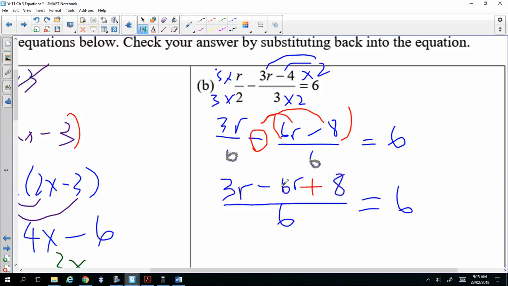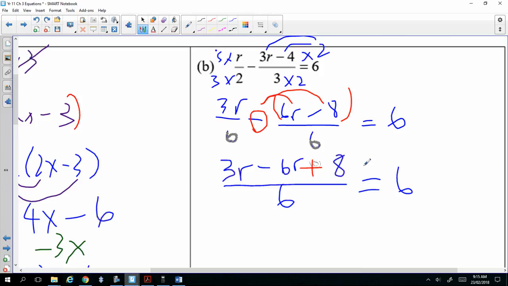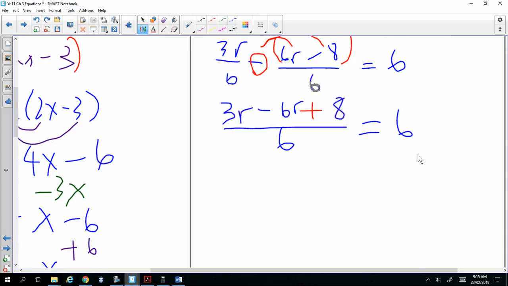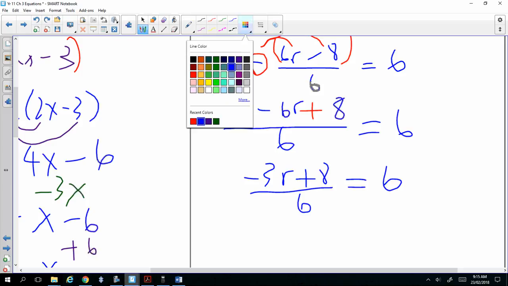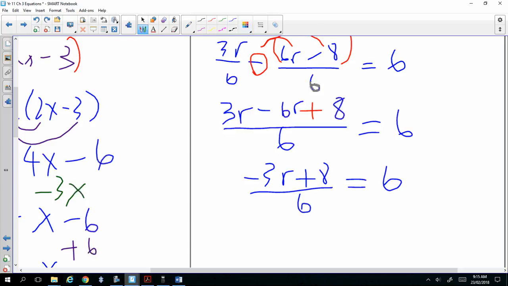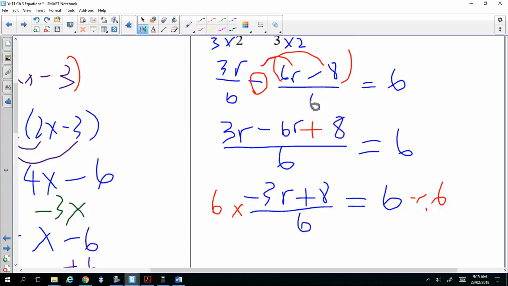Collect like terms, which you'll get negative 3r plus 8 over 6, like that. And like before, we have to get rid of the denominator once you make a common denominator. So just multiply both sides by 6, and then you will end up getting an answer.